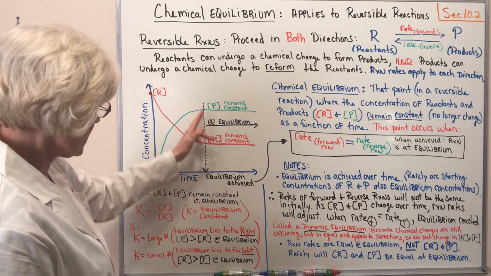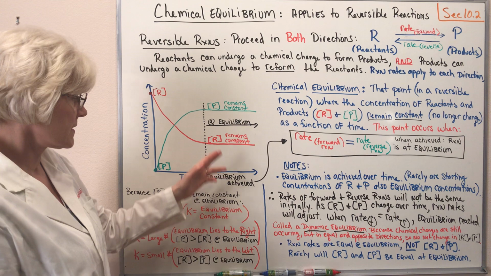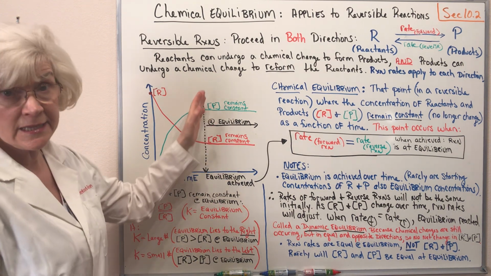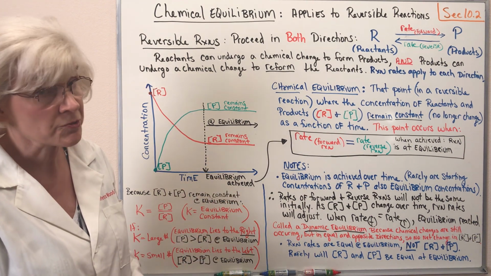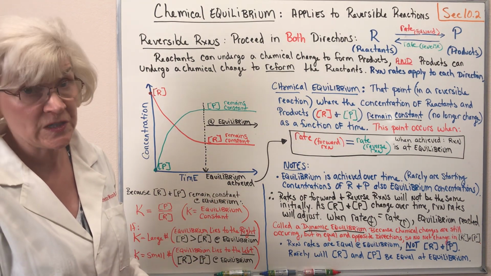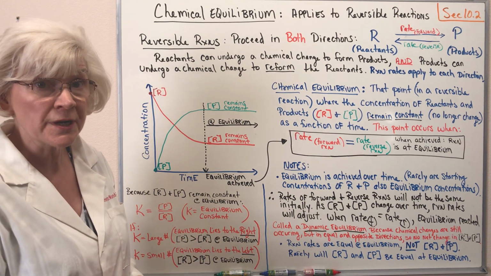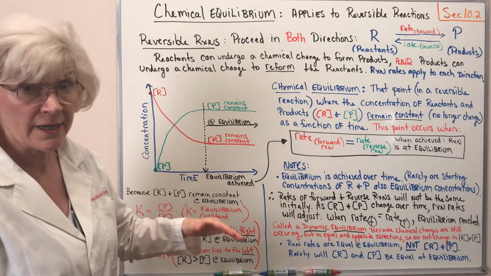Once equilibrium is achieved, we see that the concentration of product is greater than the concentration of reactant in this particular example. But the reverse could be true as well for some reactions. Some reactions, when they reach equilibrium, you have more reactant present than product.